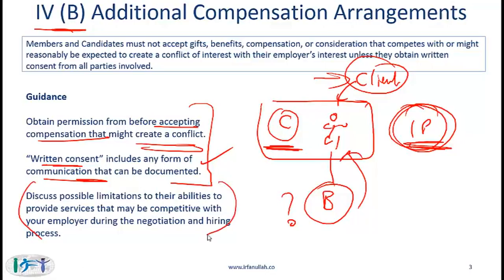Another aspect to this discussion has to do with the point where you are in negotiations to start a new job. A recommended procedure here is that before starting your job or before accepting employment at a new company, you should discuss any possible limitations that you might have.